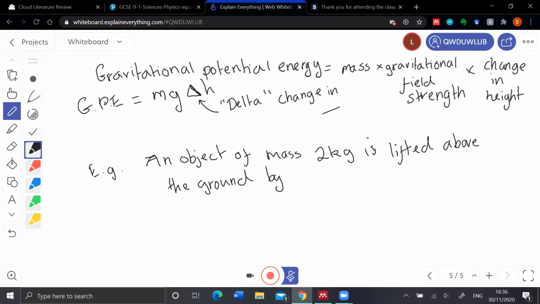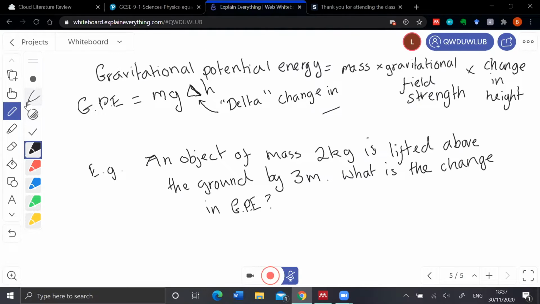Okay, put on a big shelf in a factory or something. What is the change in gravitational potential energy, in GPE? Yeah, that's gravitational potential energy.